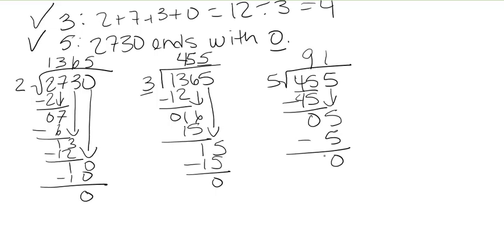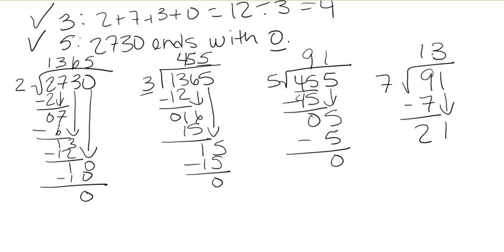So now we look at 91. And the next number we can look at to see if it can be divided by is 7. So 7 can go into 9 1 time. 7 times 1 is 7. Subtract, we get 2. Now we bring down that 1. Now 7 goes into 21 13 times.